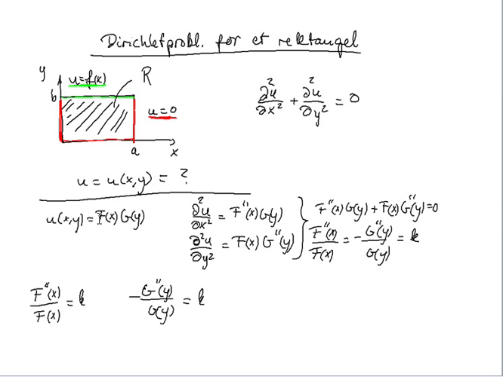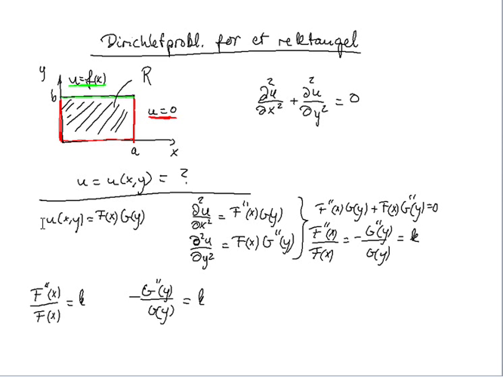The way of finding the solution is, as we did earlier, we are using the method of separation of variables. We write u of x, y equal to a product of 2 functions, one function which is only dependent of x and another which is only dependent of y. So recall that x is in this direction and y is in this direction.